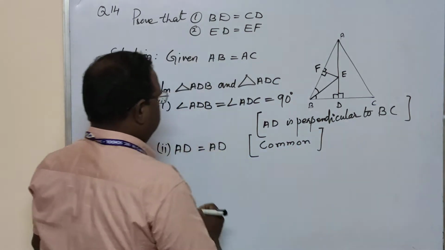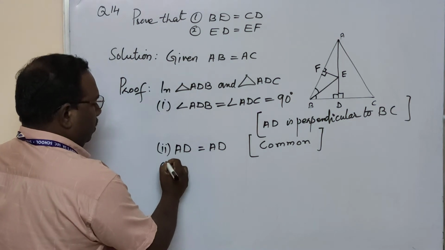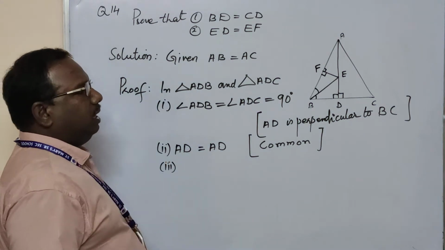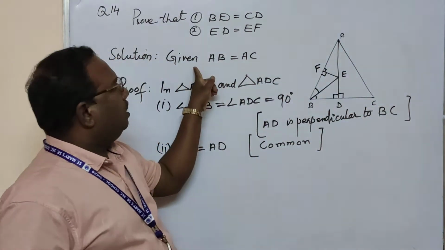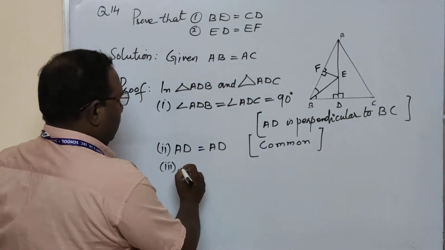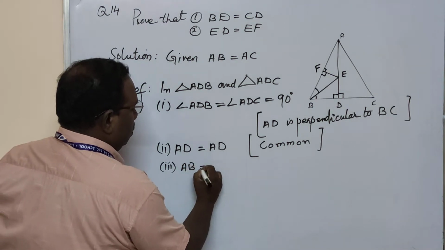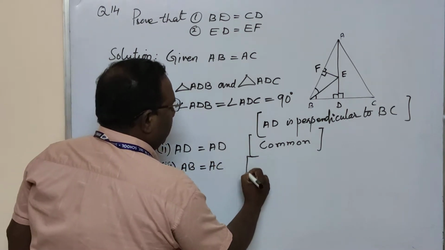Common side, and which is the third point? AB is equal to AC given in the question. AB is equal to AC given.